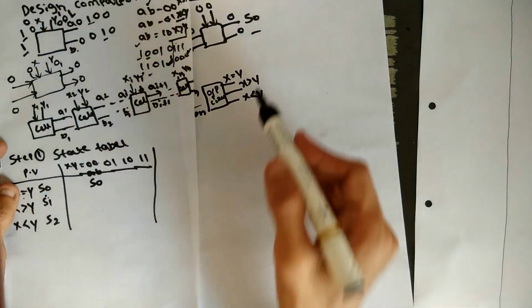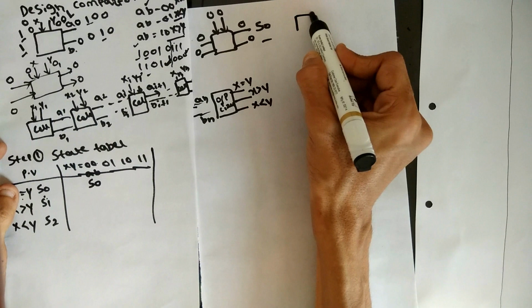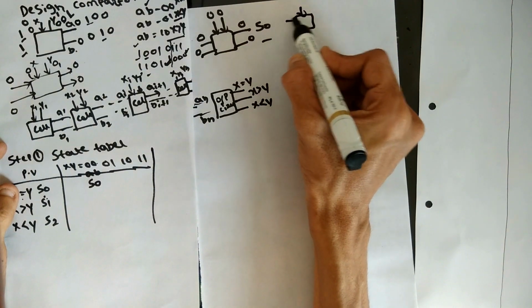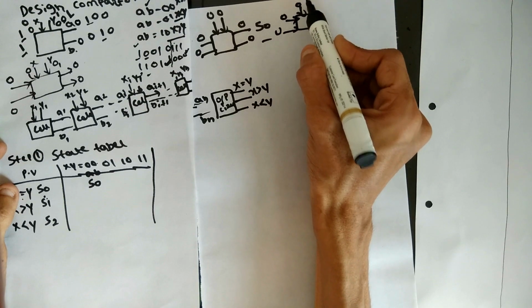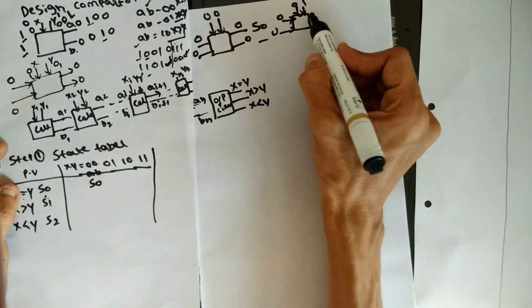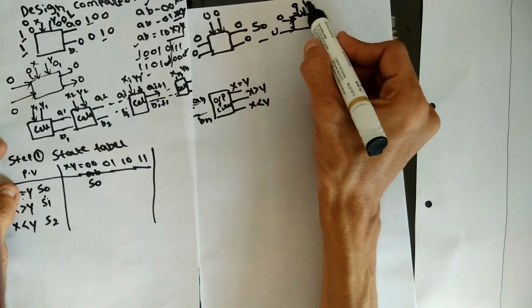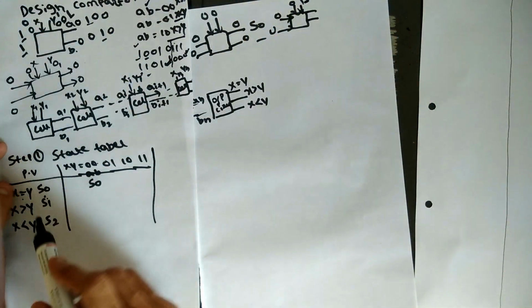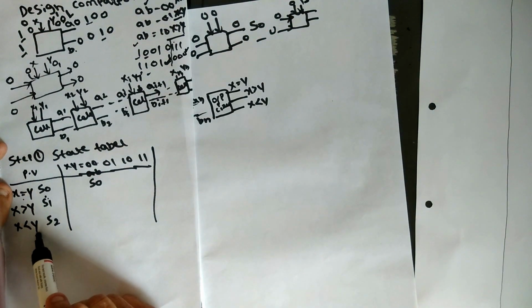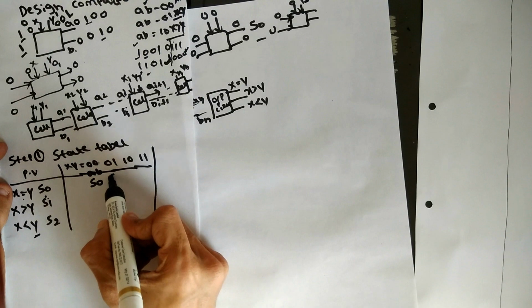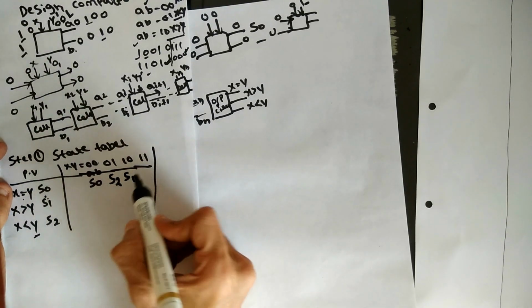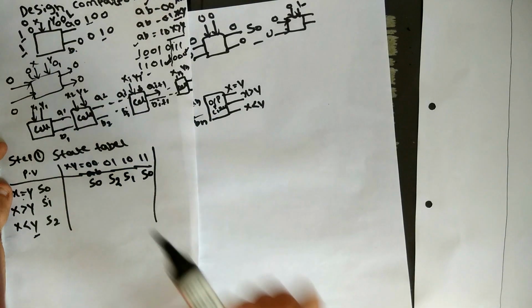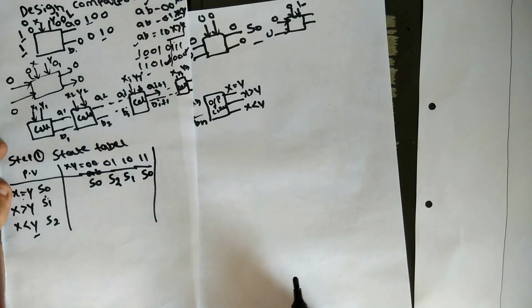When 0 1 comes, take one more example: the previous state is 0 0 only, and 0 1 is given from x and y. So what happens? 0 1 means y is greater, so according to that we consider S2, and it goes to that state. And 1 0 means S1, and 1 1 means S0. This is how we generate xy.